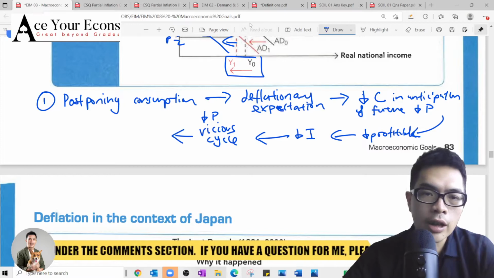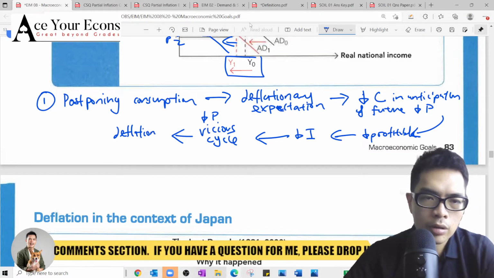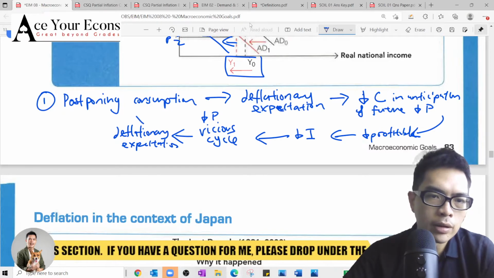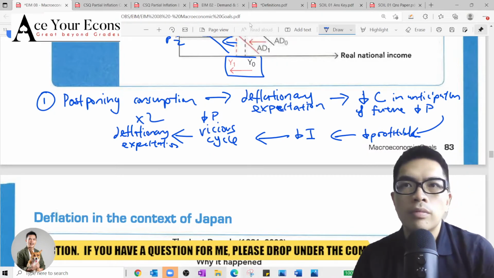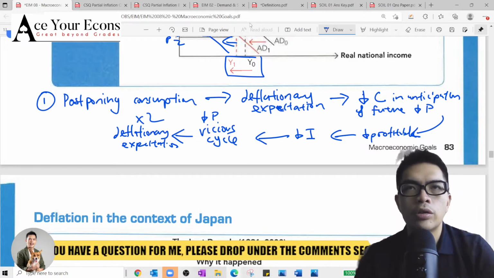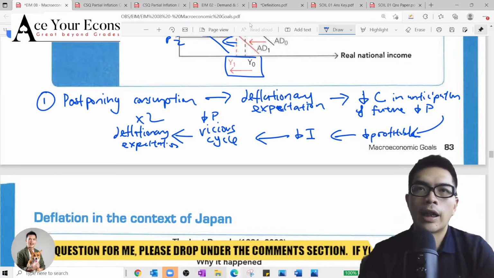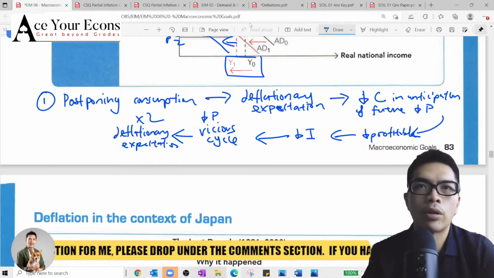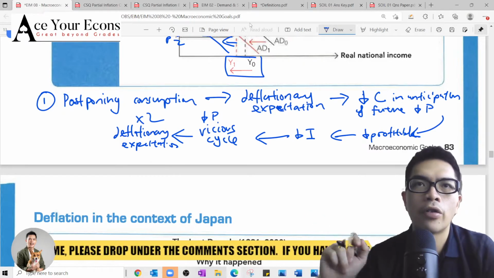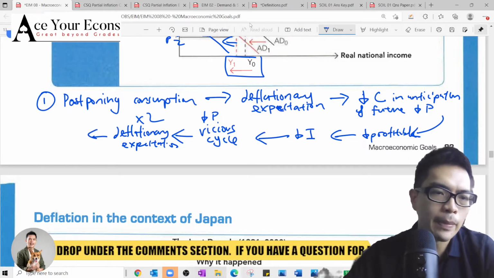And this will form another round of deflationary expectation, and this cycle will repeat. So this will cause massive unemployment in the country. When deflationary expectation is like a stigma attached, people start to make guesses that prices are going to fall in the future. So this is what we call a deflationary spiral.